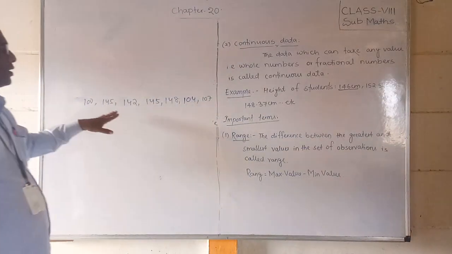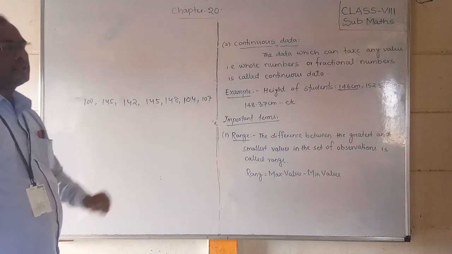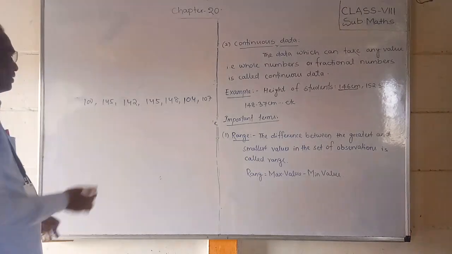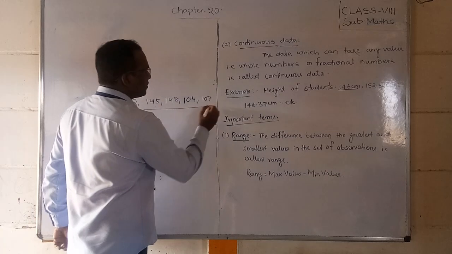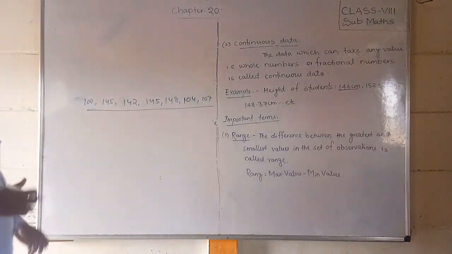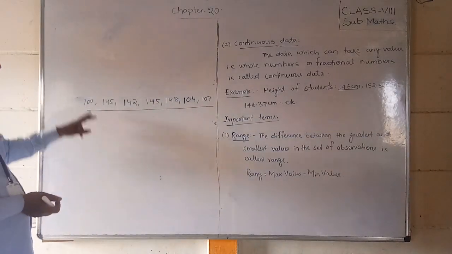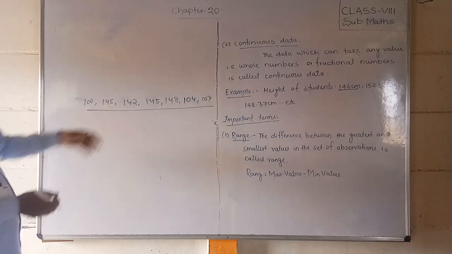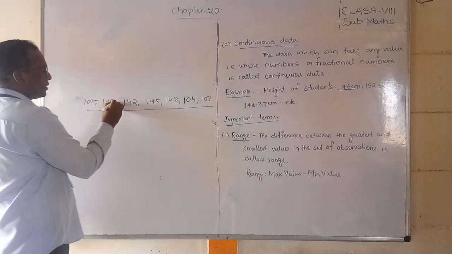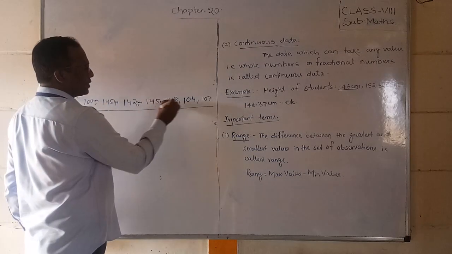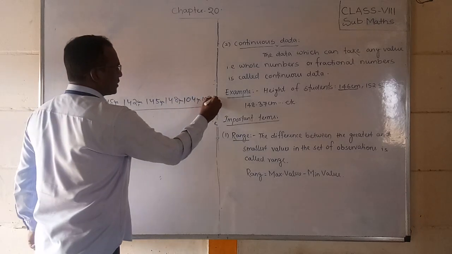Students, first you have to understand what range means. These are called observation data: 100 centimeter, 145 centimeter. These are all centimeters, I did not write it, just for explanation purposes, because these are the heights of the students.